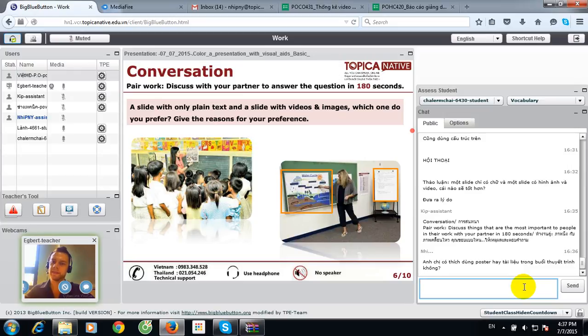Nicely said. Perfect. So for visual aids, there are some different ones we can use. Looking at today's discussion, I think we discussed them in a good way. For example, we can use PowerPoint. Do we know PowerPoint? Yes, I know PowerPoint. Perfect.